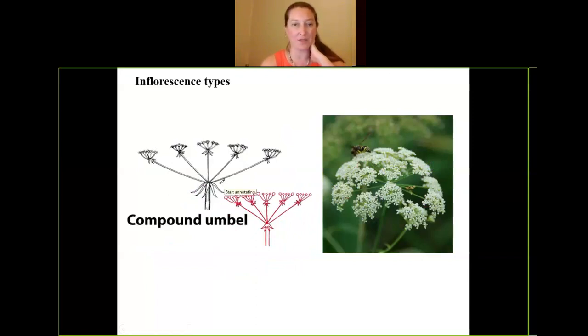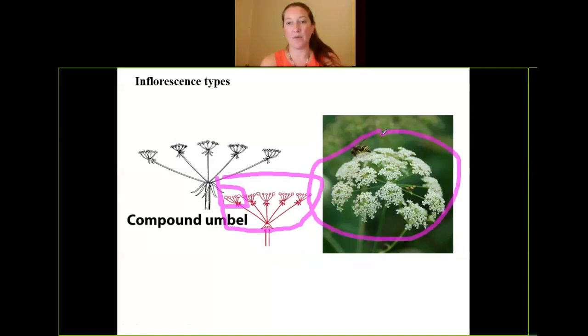If each of these is one umbel, a compound umbel is an umbel of umbels. This is popular in the parsley and carrot family. Queen Anne's lace, you may have heard of it before, is a common weedy species that grows along the side of roads. That's a type of compound umbel as well.